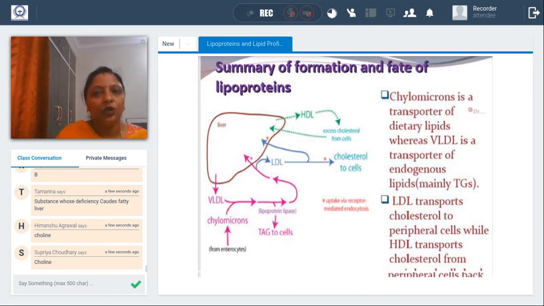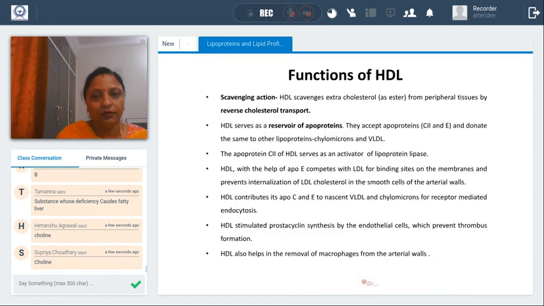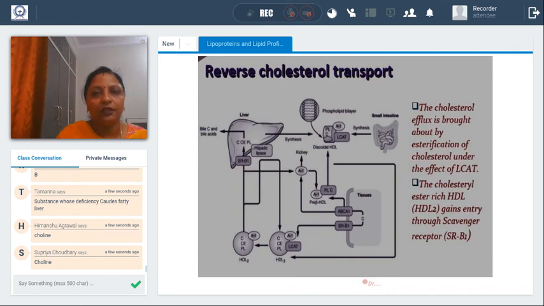You can see here chylomicrons transport dietary lipids, VLDL endogenous lipid, mainly TG, LDL cholesterol to peripheral cells, and HDL transports cholesterol from peripheral cells back to liver. Functions of HDL: sponging action, reservoir for apoproteins, and removal from macrophages. This is reverse cholesterol transport by LCAT.